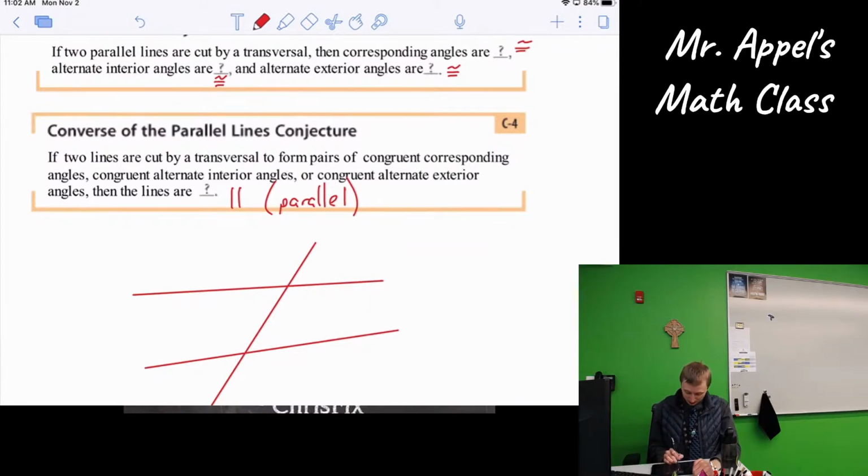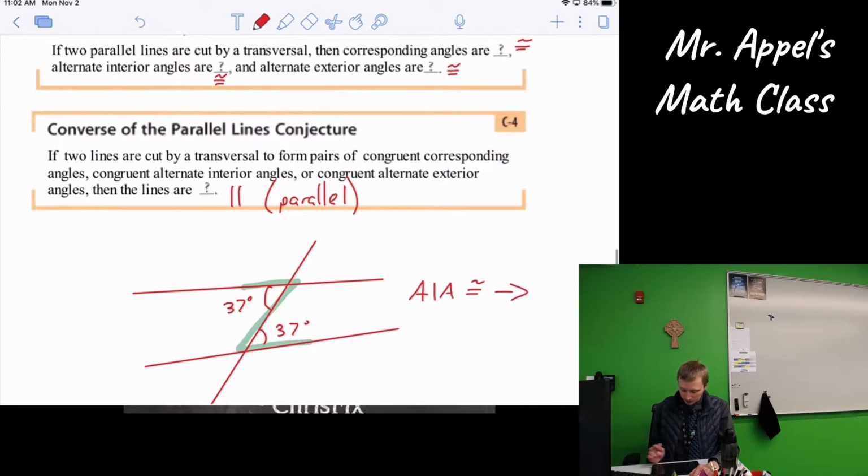Let's take some measurements. What if I go this one, it's like, oh, that's 37 degrees. And then you find out this one is also 37 degrees. These form the Z in the middle, alternate interior angles, 37 equals 37. The same measurements, those angles are congruent. So hey, alternate interior angles are congruent.